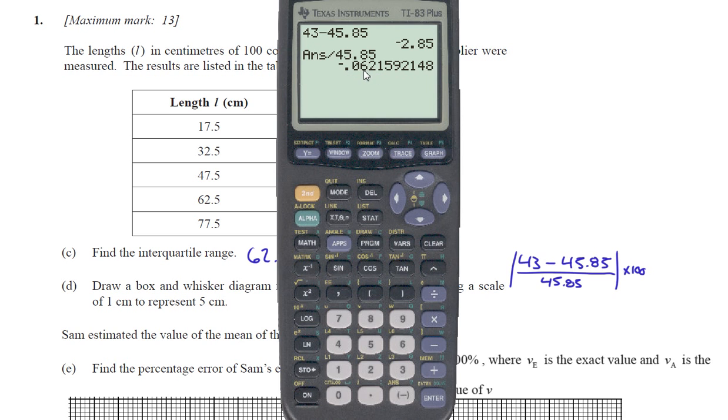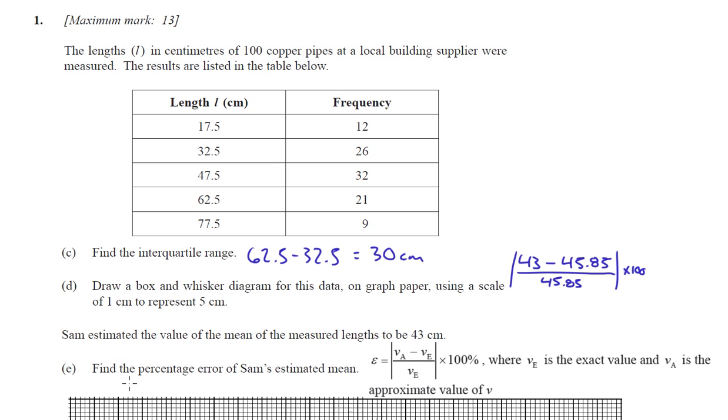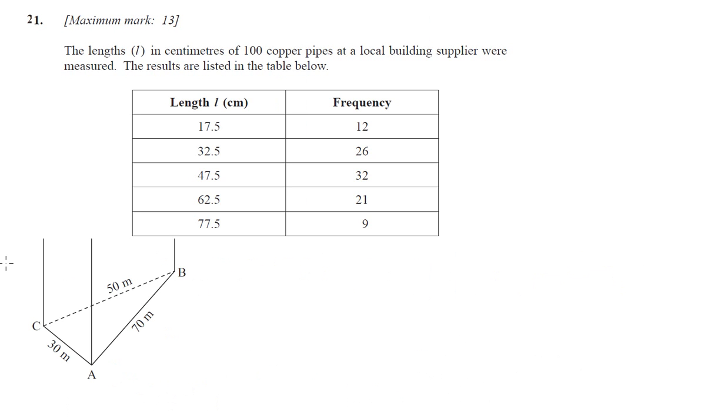We round to the 3 significant digits, right? Yep, the 5 tells the 1 to go up, so we get 6.22%. So let's go with that. 6.22% for the percentage error of Sam's estimated mean. Okay? Okay, let's move on.